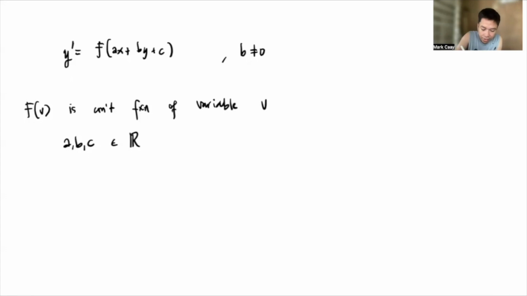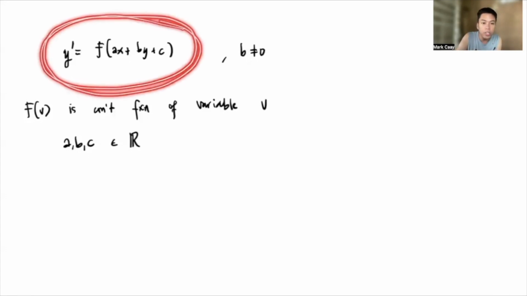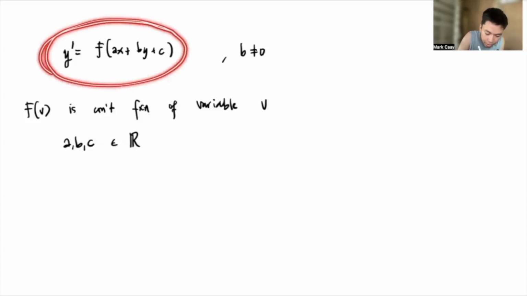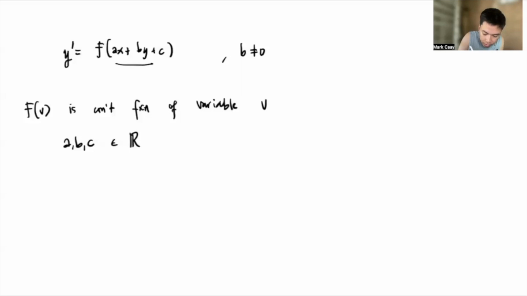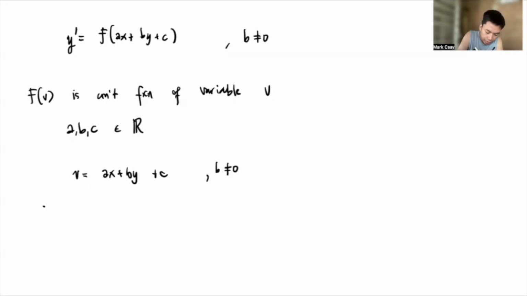Now, because this is a nonlinear differential equation, it can be transformed into a new equation by letting v equal ax plus by plus c, and again, b is not 0. If we take the derivative of this, it becomes a plus b y prime, right?